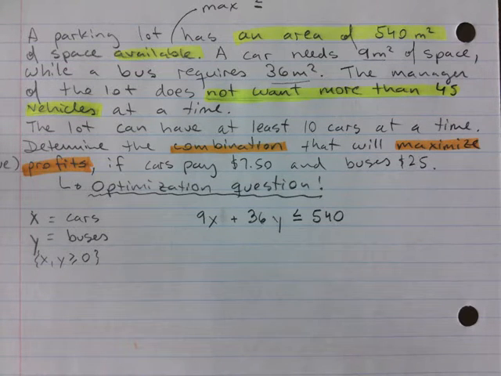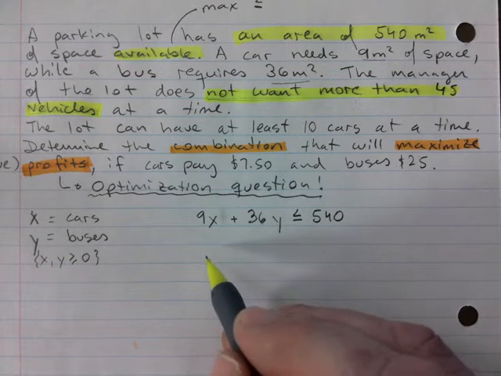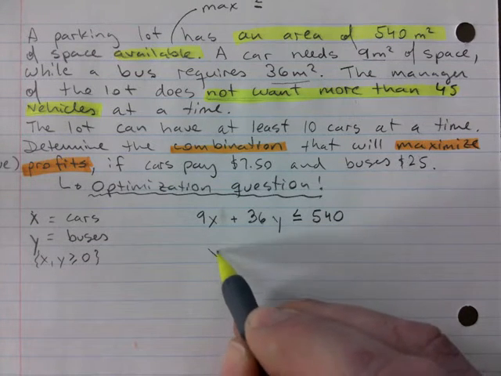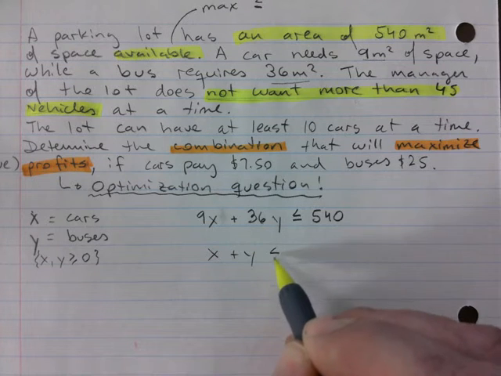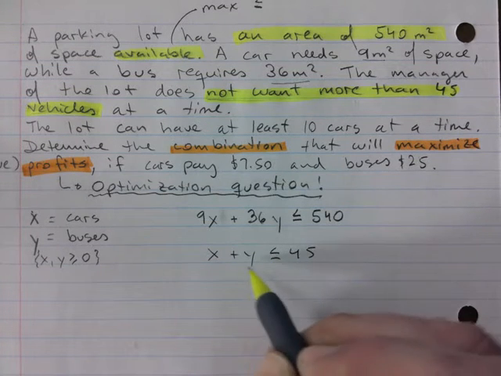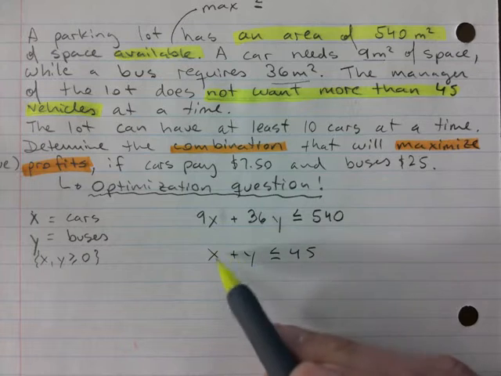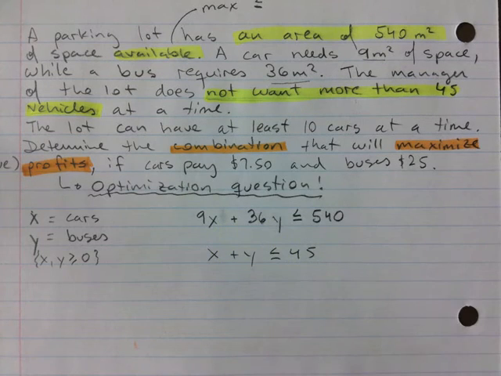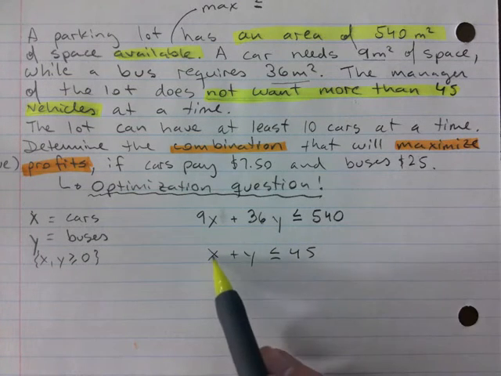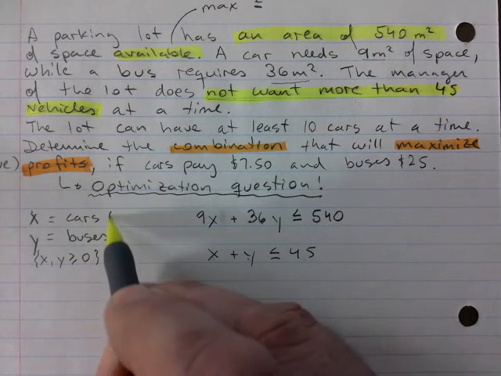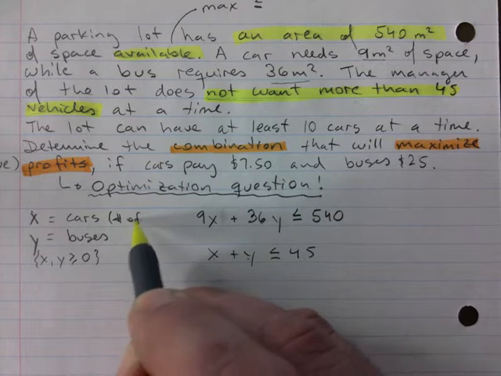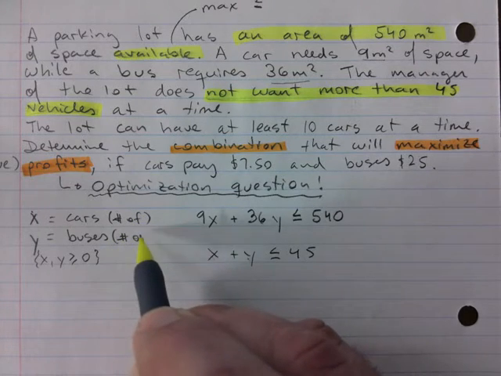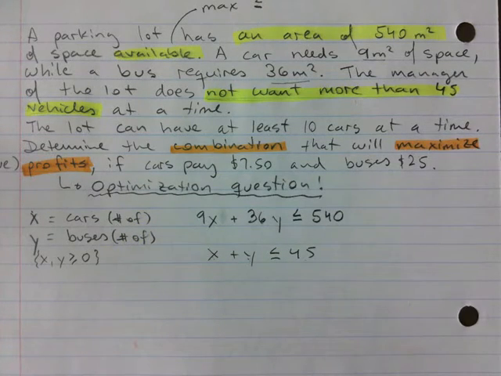That's right. We agree, right? x plus y is less than or equal to 45, because now we can assume it's the number of x and y. It only makes sense. If you wrote this, it has to be number of cars, number of buses. So that's our unit, so to speak.